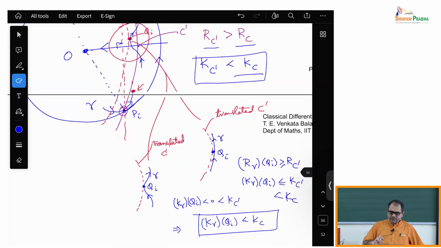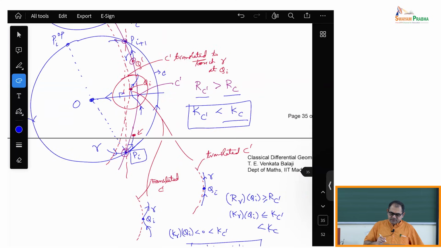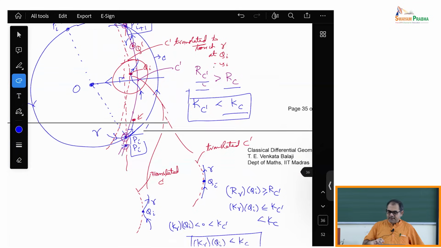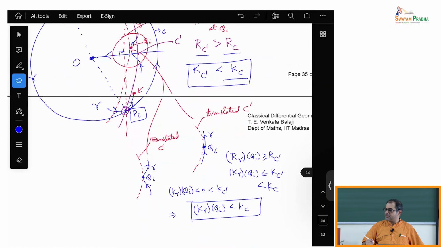So moral of the story is, between these 2 consecutive points Pi and Pi plus 1, where K gamma, the sign curvature of gamma, is greater than or equal to Kc, there is a point in between where it is strictly less than Kc, and this is a crucial fact that is used in the rest of the proof.